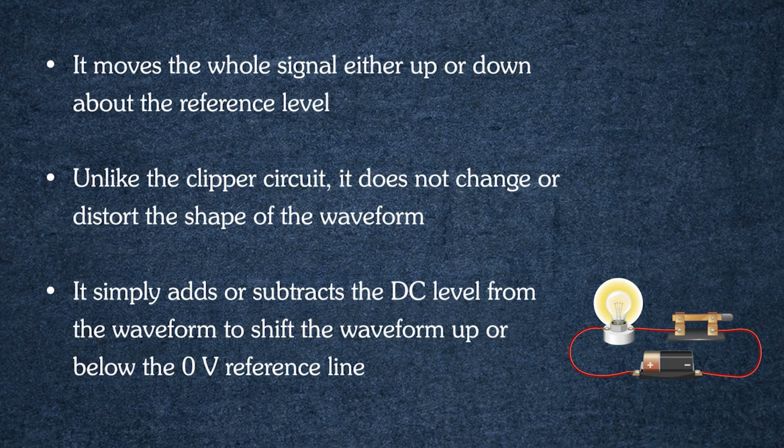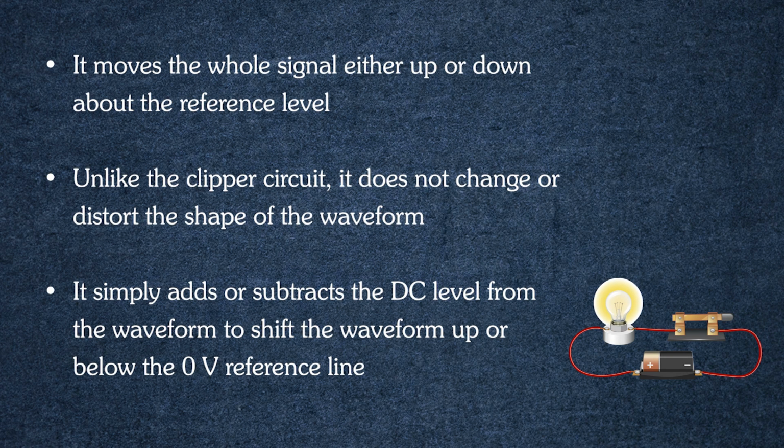Unlike the clipper circuit, it does not change or distort the shape of the waveform. As we have seen, the clipper circuit changes the shape of the waveform, which is not done here in the clamper circuit. So it simply adds or subtracts the DC level from the waveform to shift the waveform up or down the 0 volt reference line.